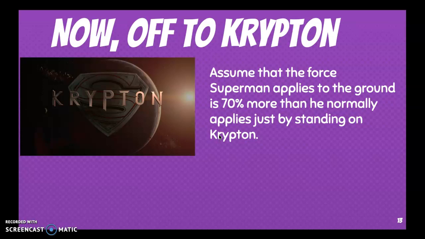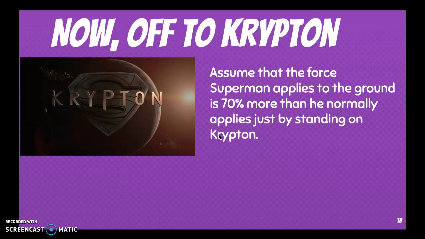So that 70% is a rough calculation, assuming that when people jump up into the air, they're applying a greater force to the ground than the force they apply when they're just normally standing. You could do this if you stood on a bathroom scale and weighed yourself.